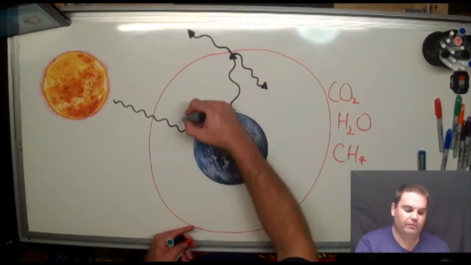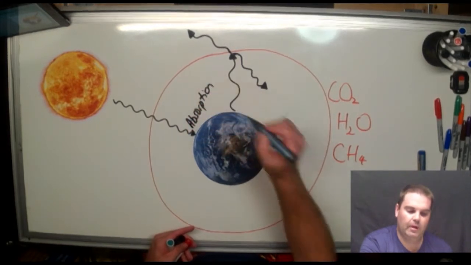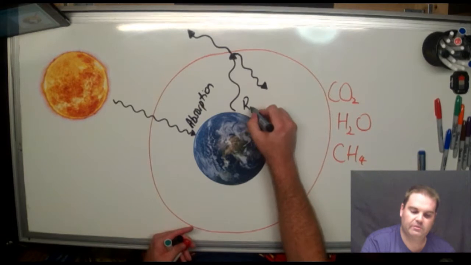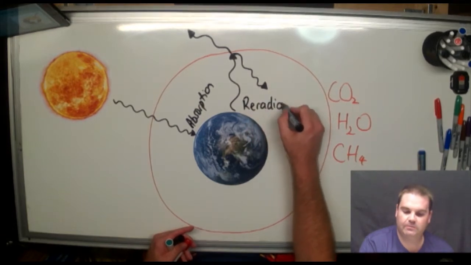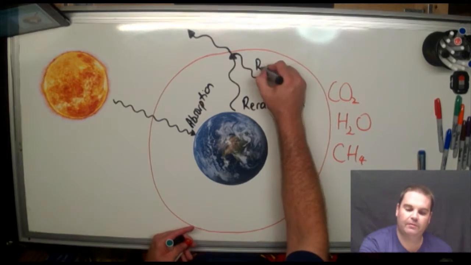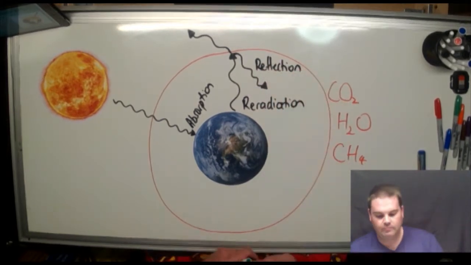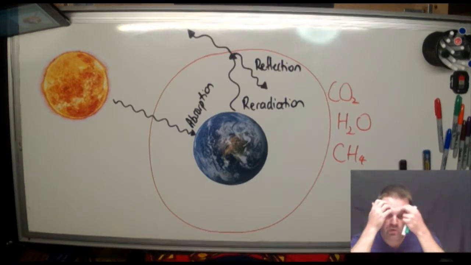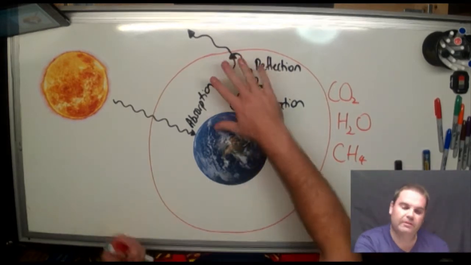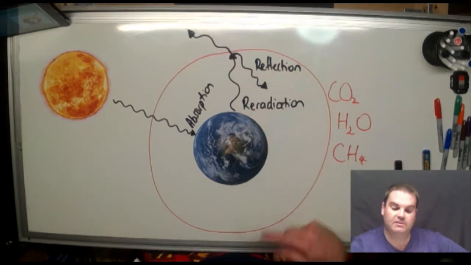So we've got absorption, all right, by things on the Earth, and re-radiation, all right, of some of the long wavelength, and then reflection of it back into the Earth. Okay. Now, remember, it's important to realise that not all of the long wavelength radiation is trapped in the atmosphere, but some of it is trapped by this and reflected back in.